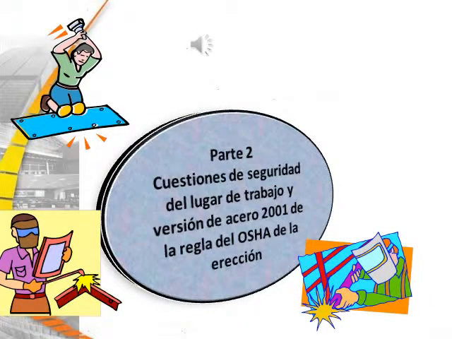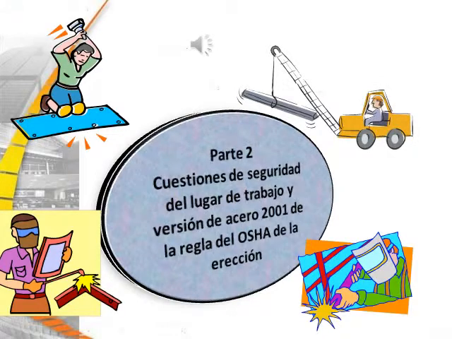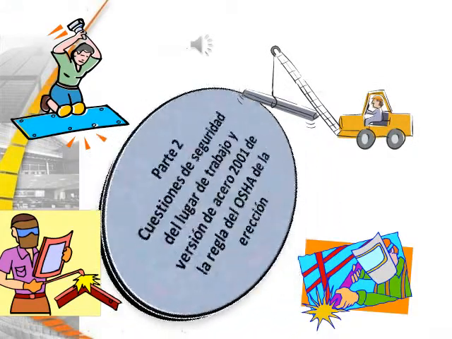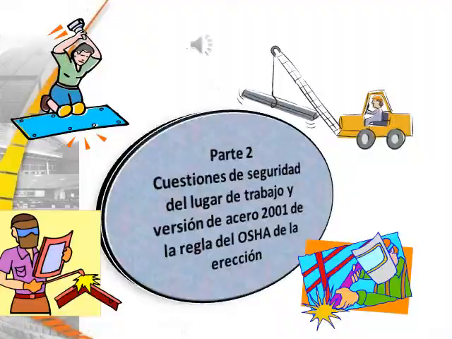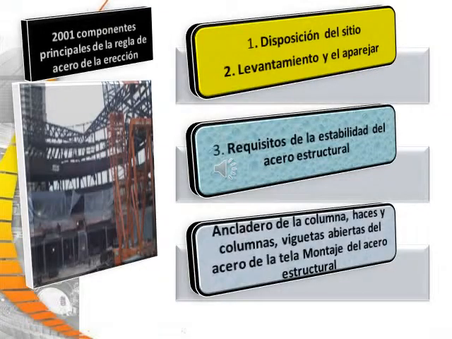Part 2. Job site safety issues and the steel erection OSHA rule. The main components of this rule cover site layout, hoisting and rigging, structural steel stability requirements, such as the column anchorage, beams and columns, open web steel joists, structural steel assembly items.